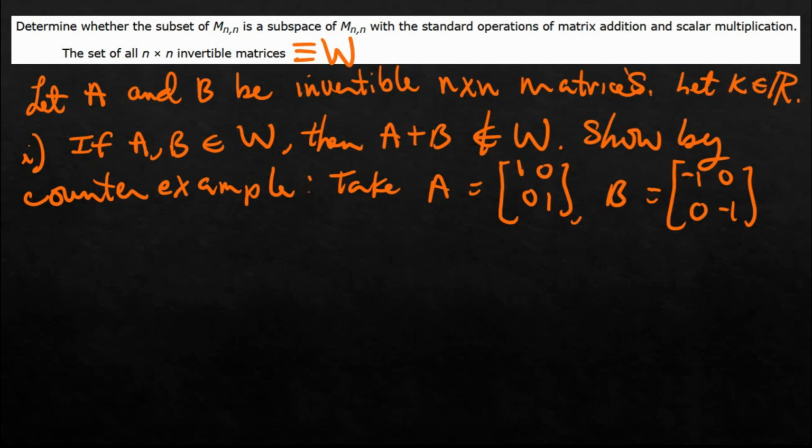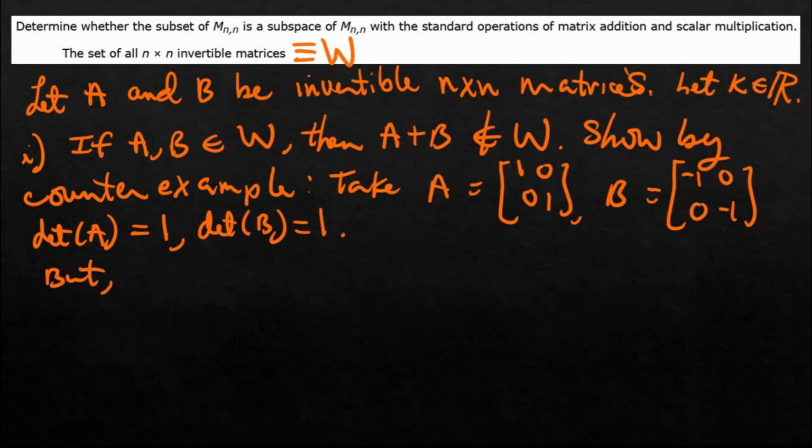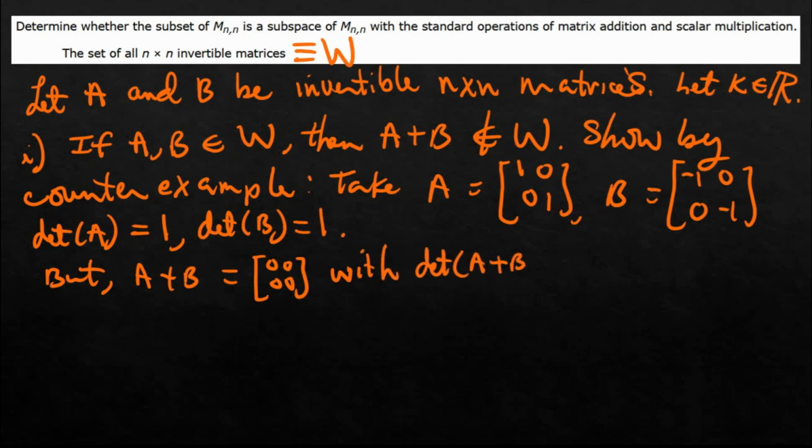So the determinant of A is 1. The determinant of B is 1. So that means they're both invertible. But A plus B is the 0 matrix, with determinant of A plus B equal to 0.